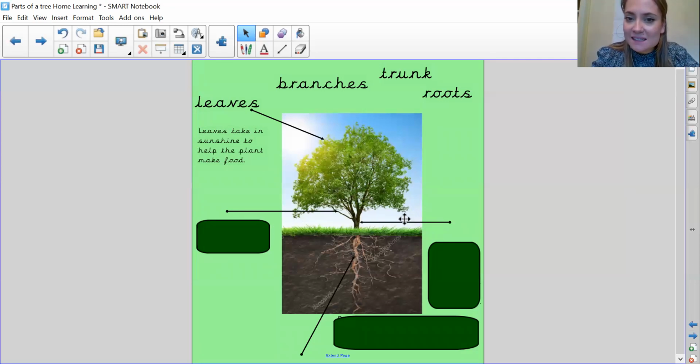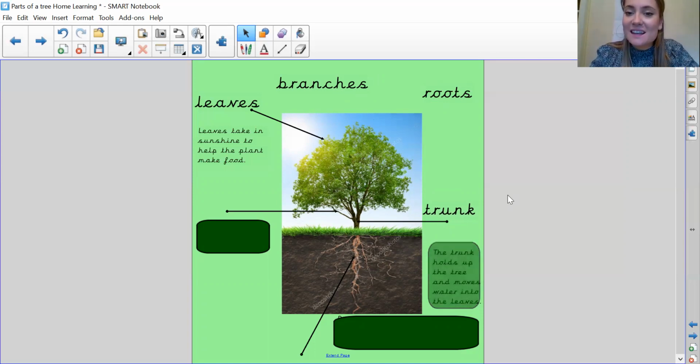Right, let's have a look at this arrow here. Can you see it wiggling? What is that arrow pointing to? Well done, it is pointing to the trunk. Trunk. Good. Now the trunk is a bit like the stem on a plant, but on a tree we call it the trunk, and the trunk holds up the tree and moves water into the leaves.